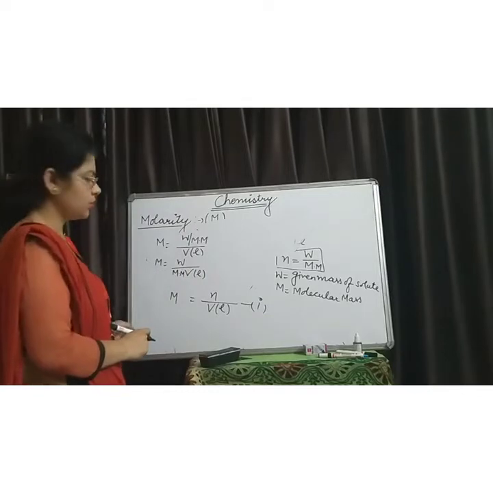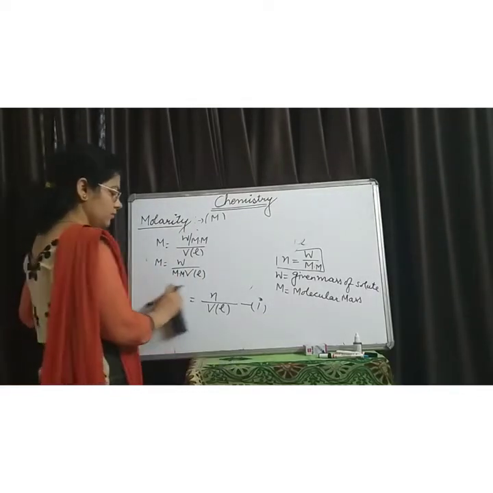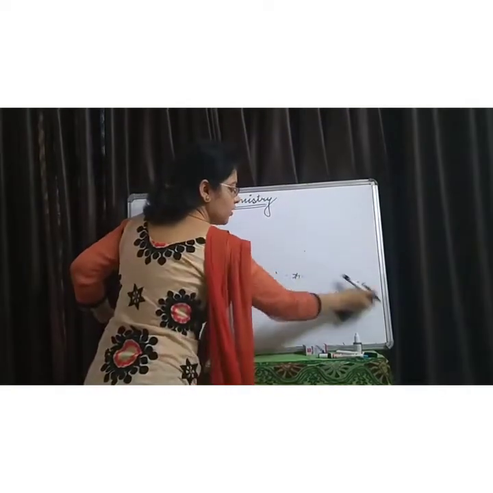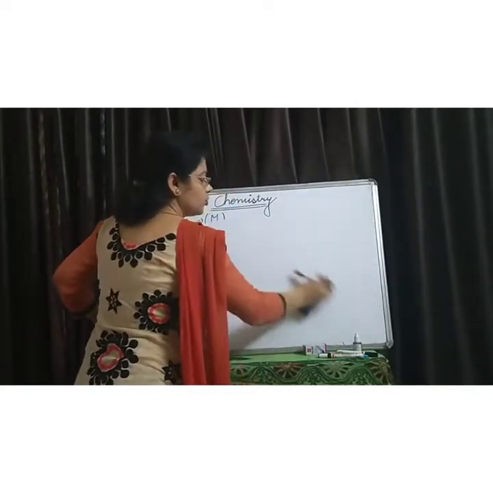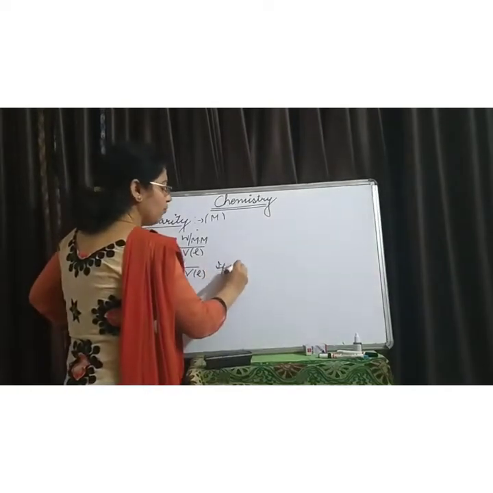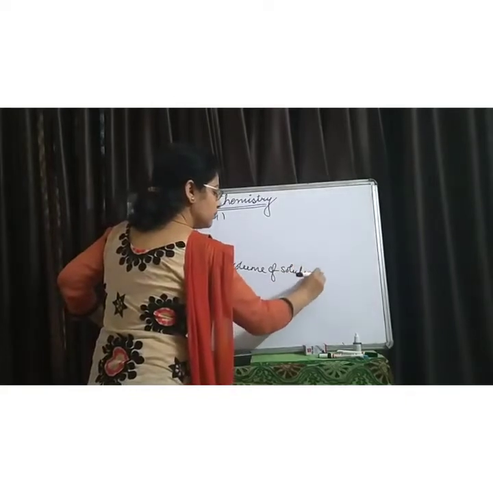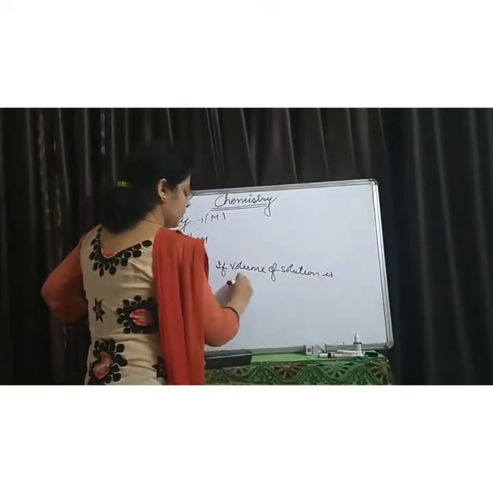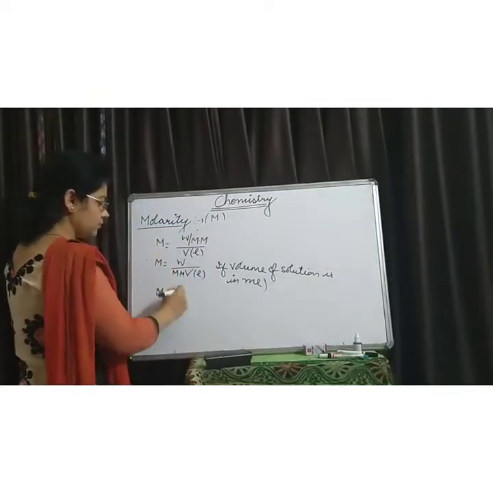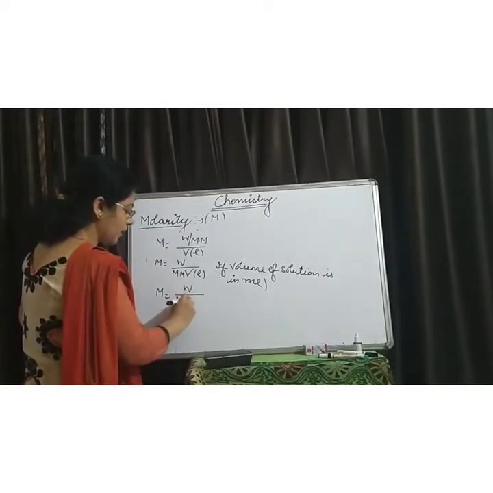If in a given solution volume is in milliliter, then we have to divide volume by 1000 so that it should be in liters. If volume of the solution is in milliliter, then its formula is W upon MM.